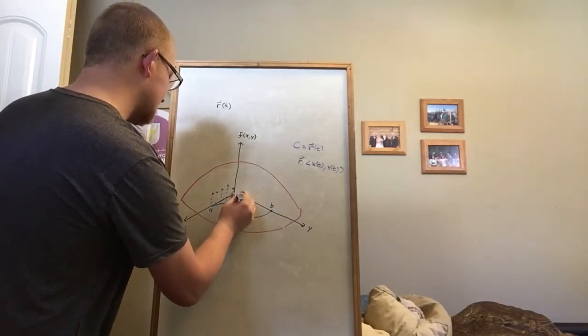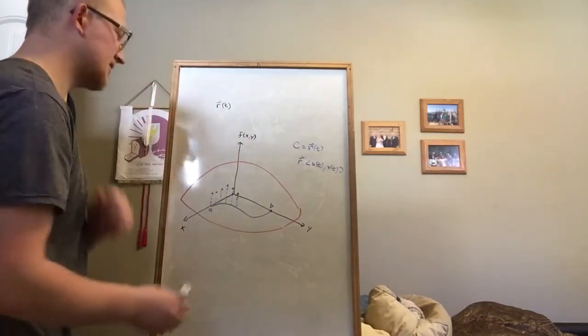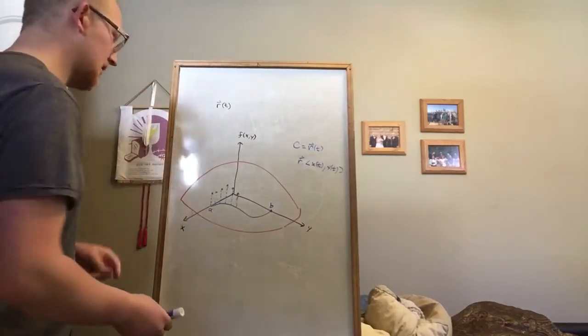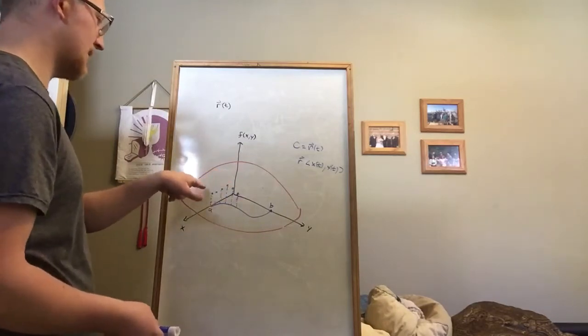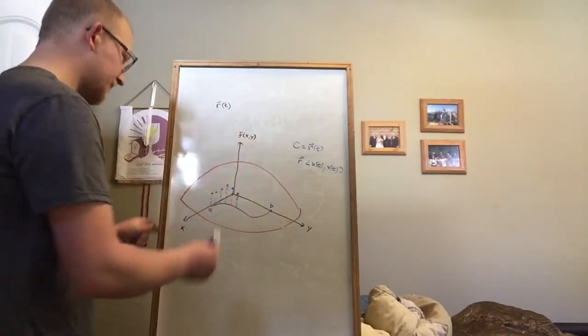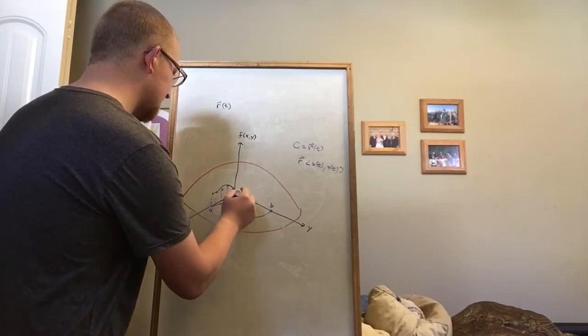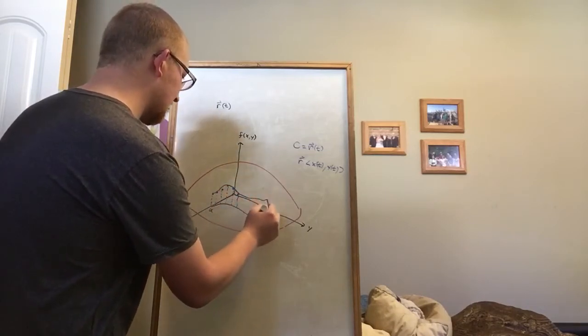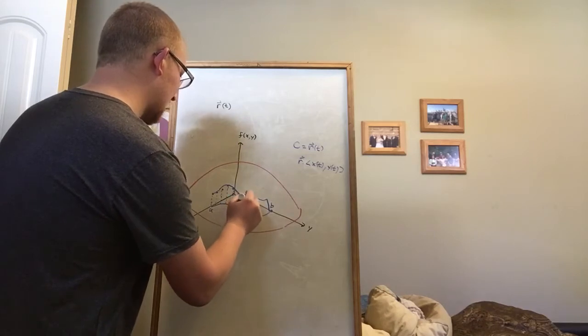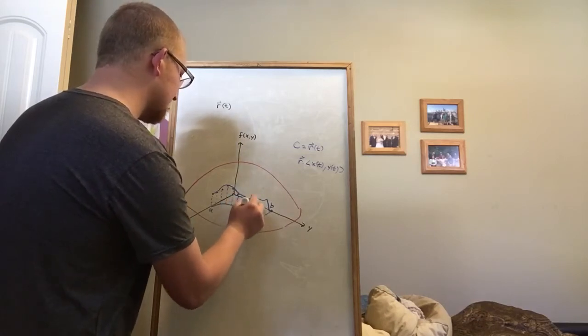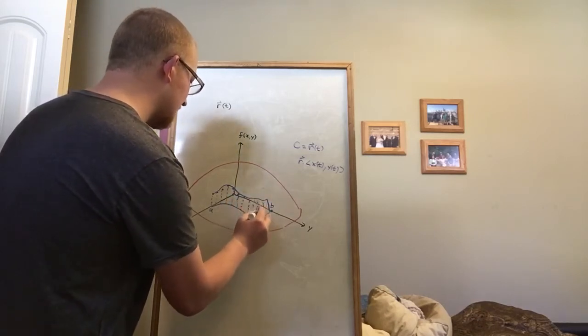And as you'll notice, each point on the curve is going to have an associated point on the scalar surface. And when we join all of these, what we end up with is a curved surface, but a surface nonetheless.